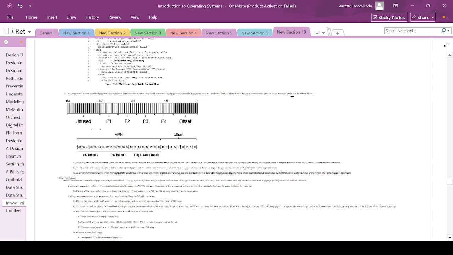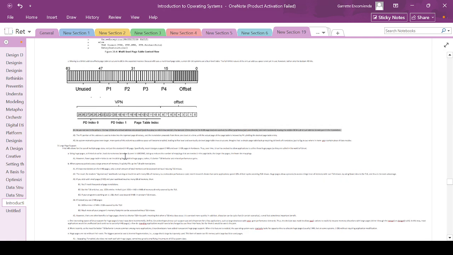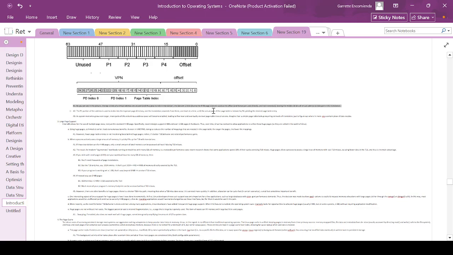However, only the bottom 48 bits are used. So we have the PD index, the page table index, and the offset. As you can see in the picture, the top 16 bits of virtual addresses are unused and thus play no role in translation. The bottom 12 bits, due to the 4 kilobyte page size, are used as the offset.